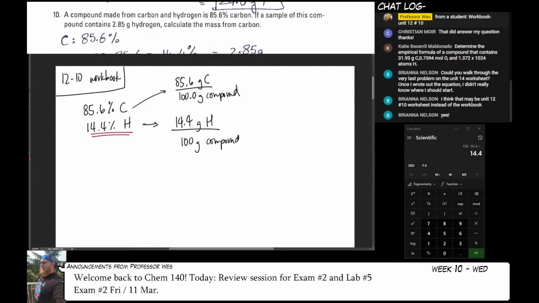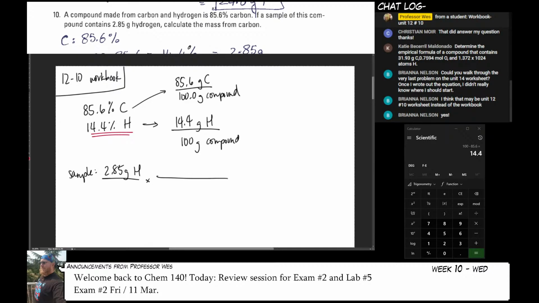And so this problem is going to explore those relationships. So I know that my sample has this many grams of hydrogen in it. So how much compound would I have from the sample?